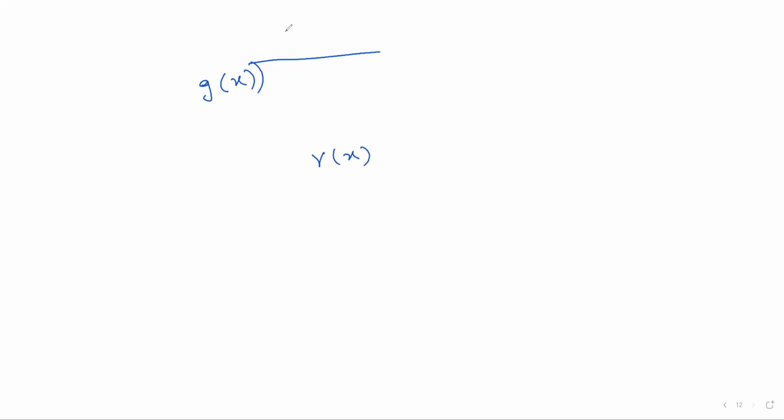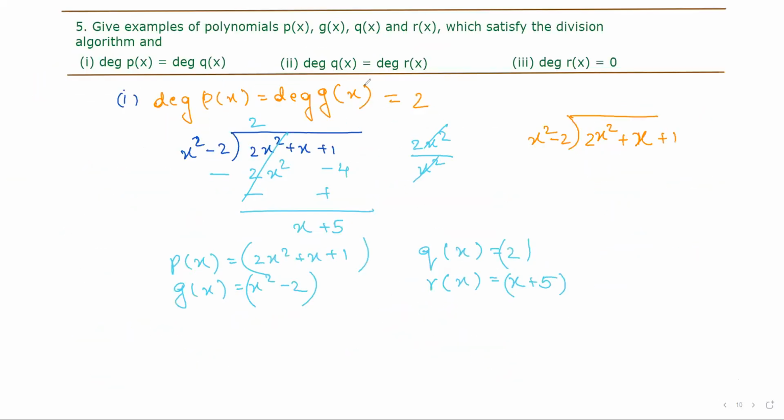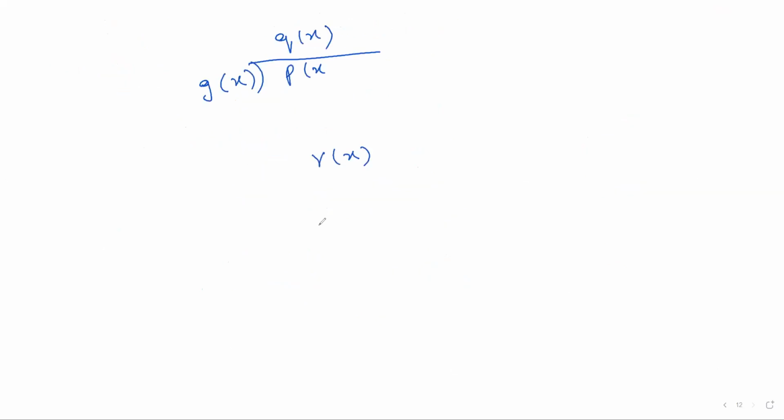Your q of x is here and your p of x is here. It's given that degree of q of x, which is quotient, and your remainder's degree should be same. These four degrees should be same. How can you attain such a result?